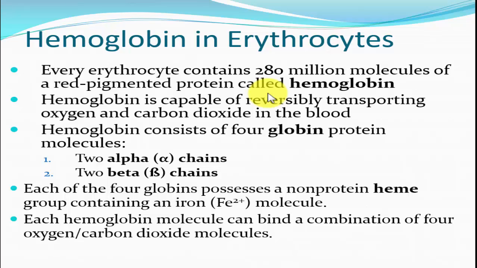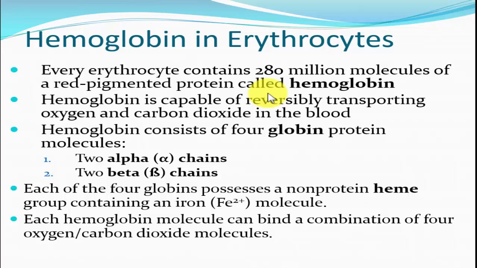Hemoglobin consists of 4 globin proteins. We have 2 alpha chains and 2 beta chains. Make sure to know those Greek letters, alpha and beta. Each of the 4 globins possesses a non-protein heme group containing iron, and that's the chemical symbol for iron, Fe. Each hemoglobin molecule can bind a combination of 4 oxygen and carbon dioxide molecules.